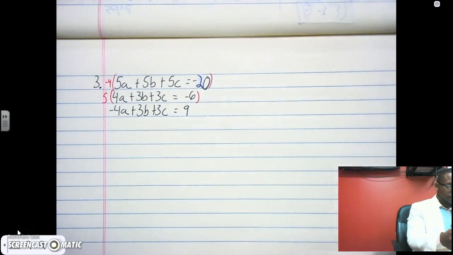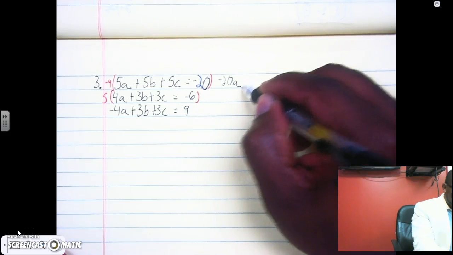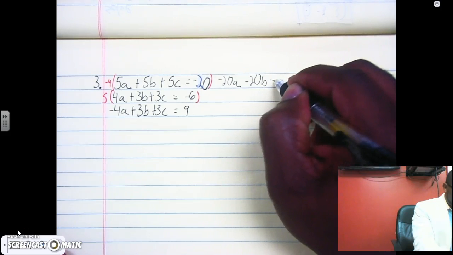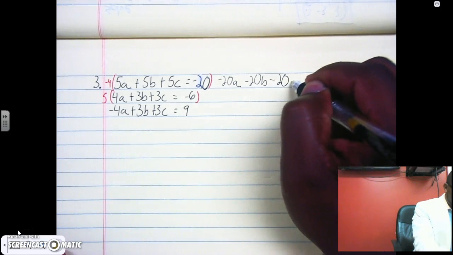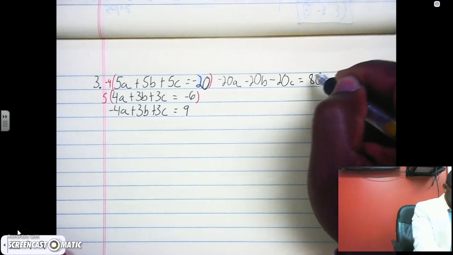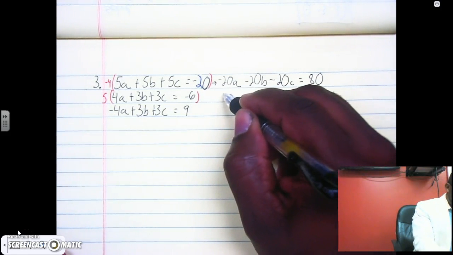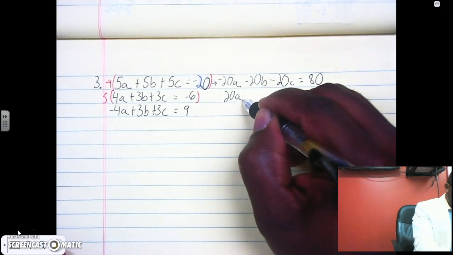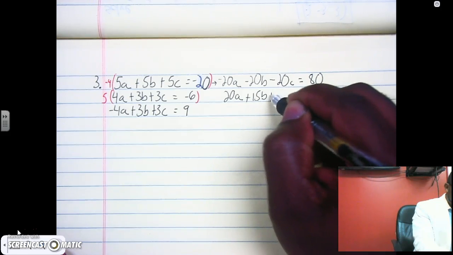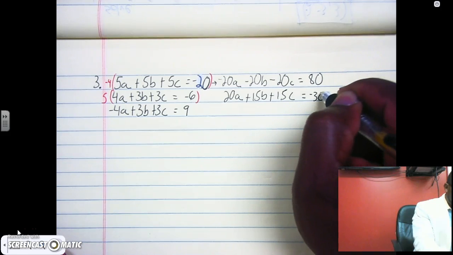So that's going to be negative 20a minus 20b minus 20c equals positive 80. Here we're going to get 20a plus 15b plus 15c equals negative 30.